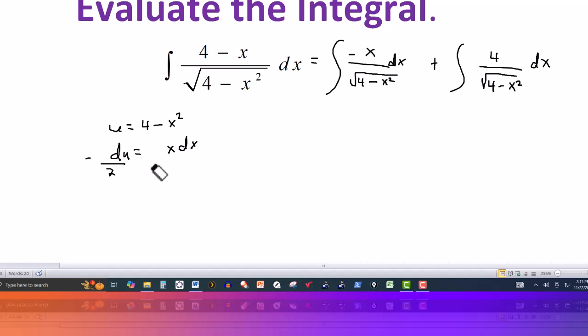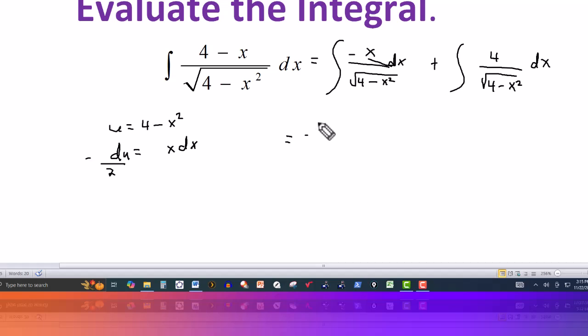And this will just give me an x dx on the right side. So I'm going to do this first one first, and then bring down the next one. So in this one then, the x dx here can be replaced by minus du over 2.